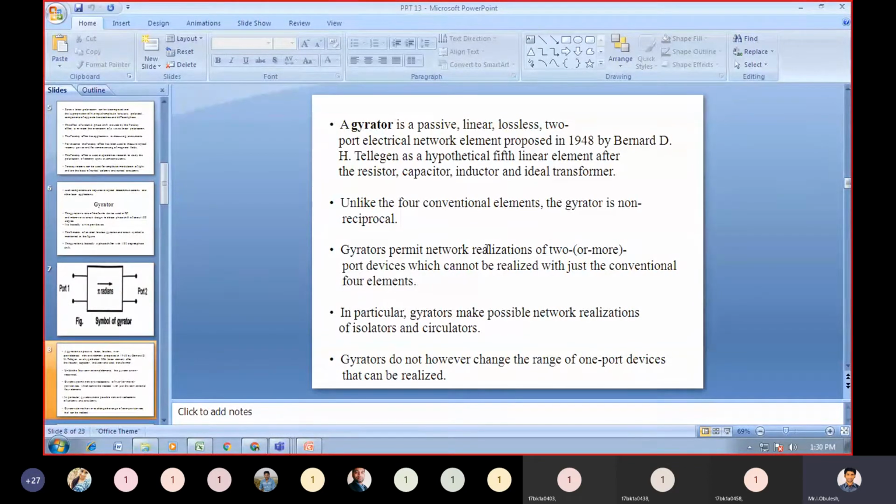The gyrator does not, however, change the range of one-port devices that can be realized.